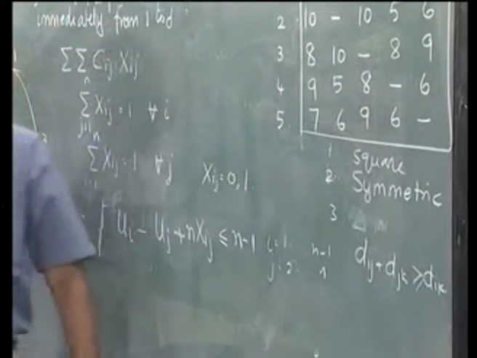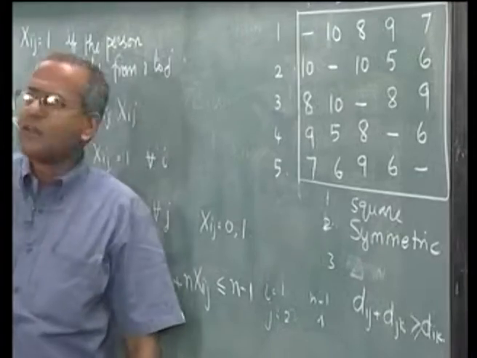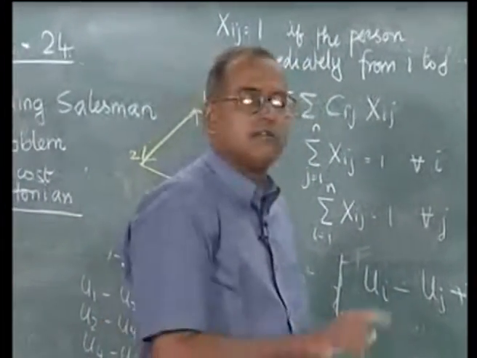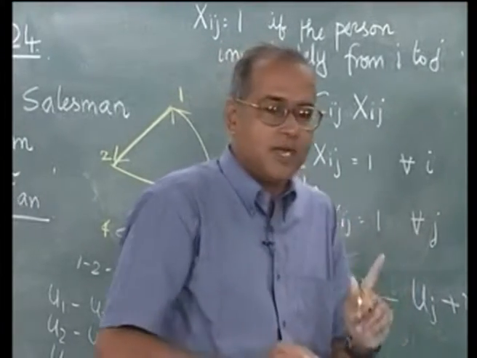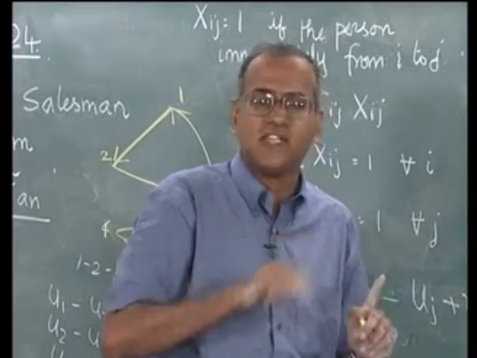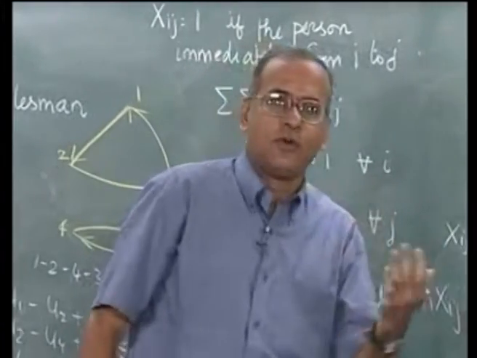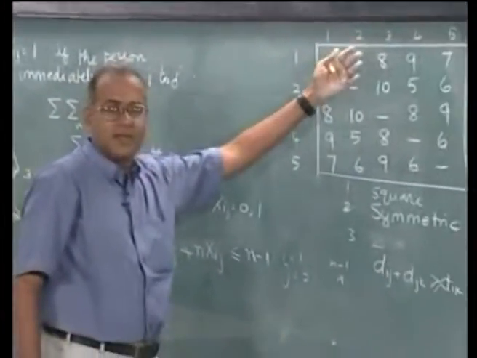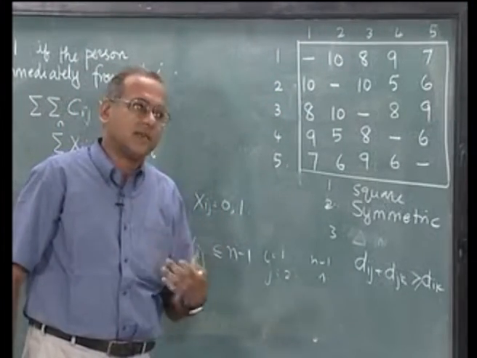Because of this inequality we can always say that if you are looking at a TSP, the person will visit every city once and only once. If you have a situation where the person has to come back to a city already visited, then it actually violates the triangle inequality. Therefore, that will not happen.